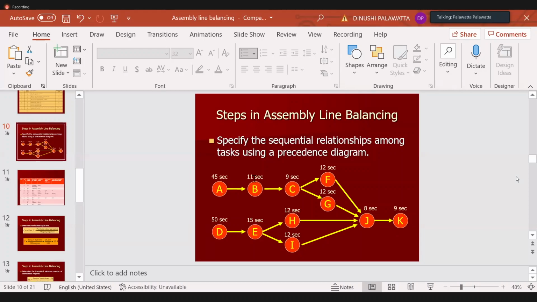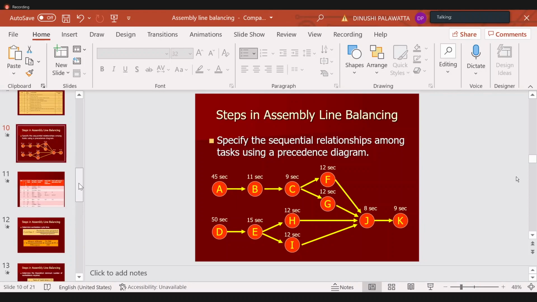If you are not being specified any rule, then you can create a balance without violating the precedence. So then actually you take down this question.